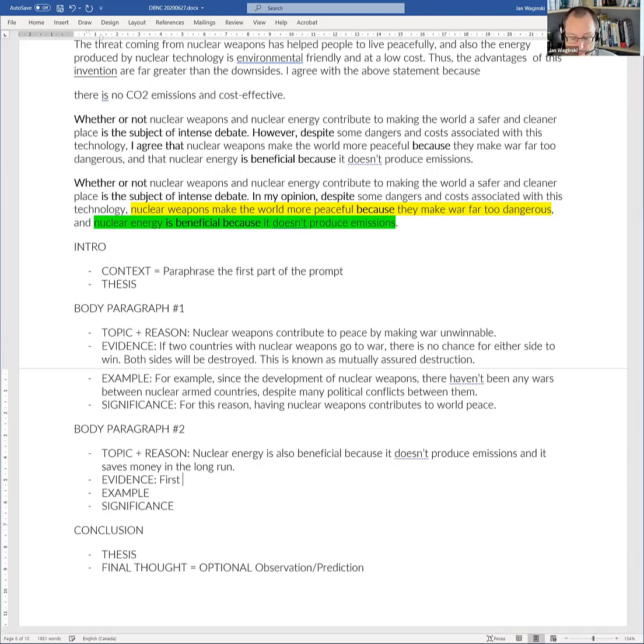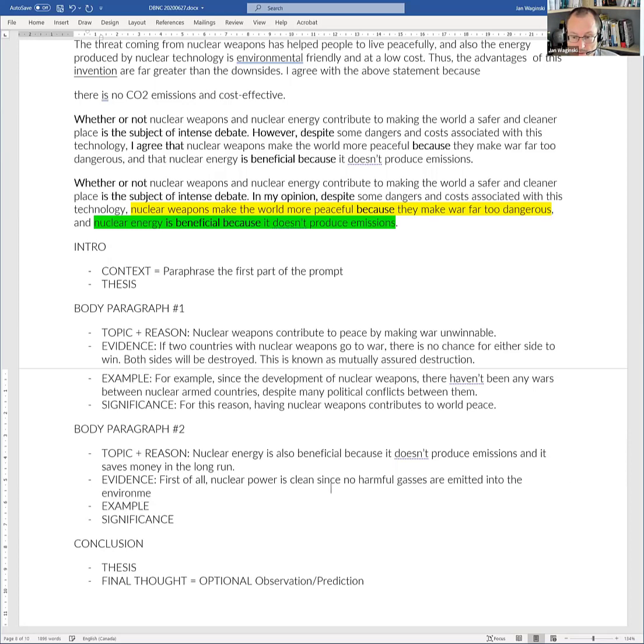So here, first of all, nuclear power, nuclear energy doesn't do what? Say it's clean since no emission. No harmful gases are emitted into the environment.